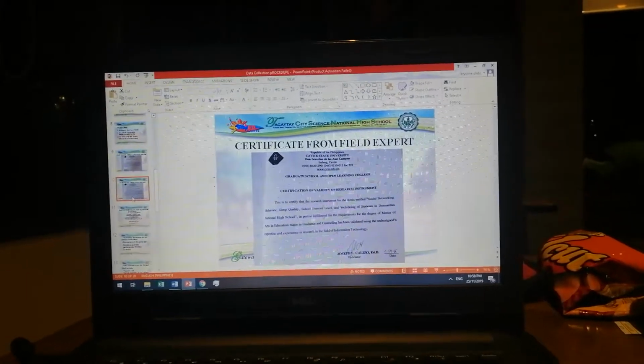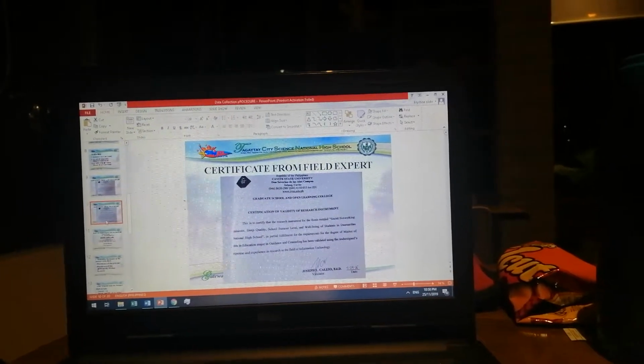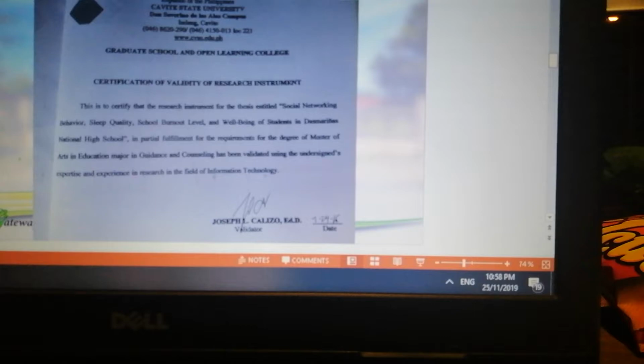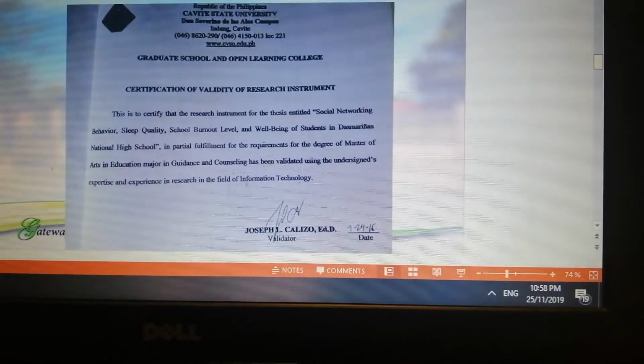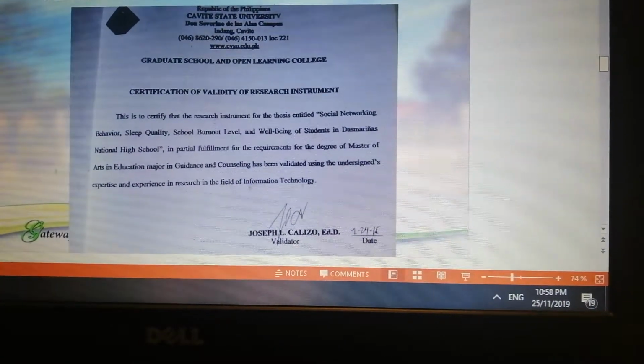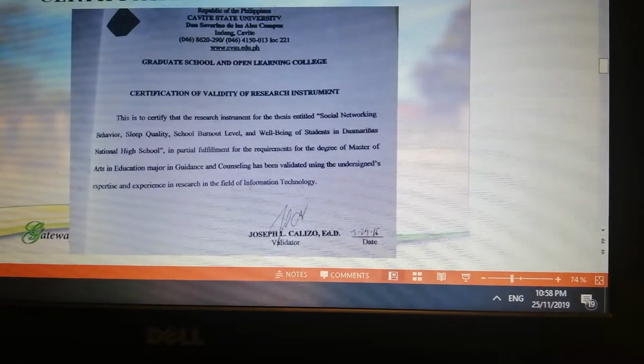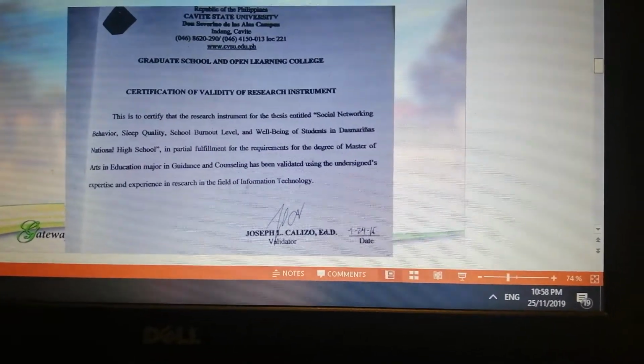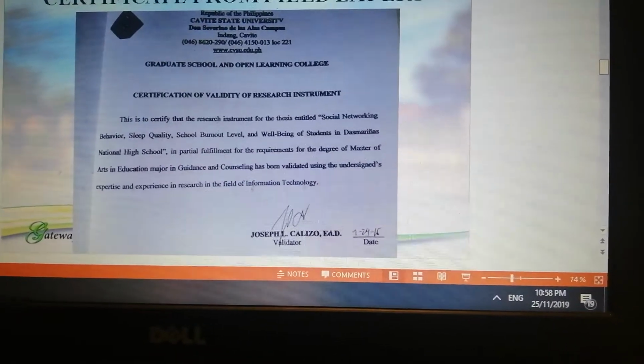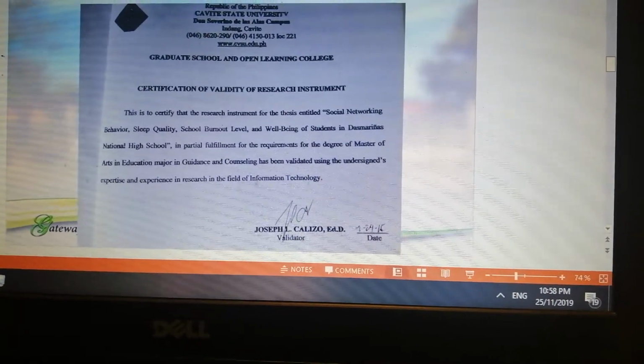Ayan. So you should produce this kind of certification that will say that the instrument have been validated by an expert. So just edit the wordings of this instrument.